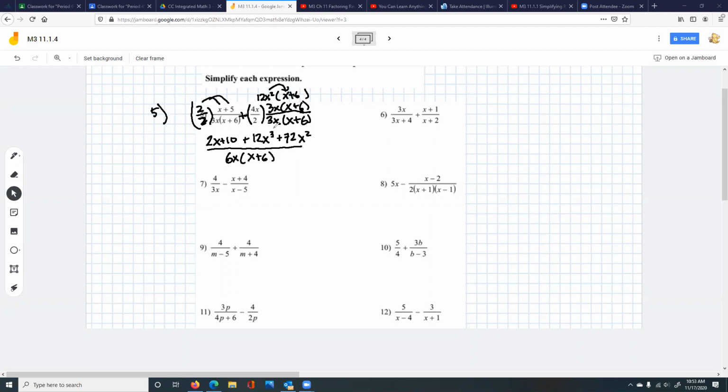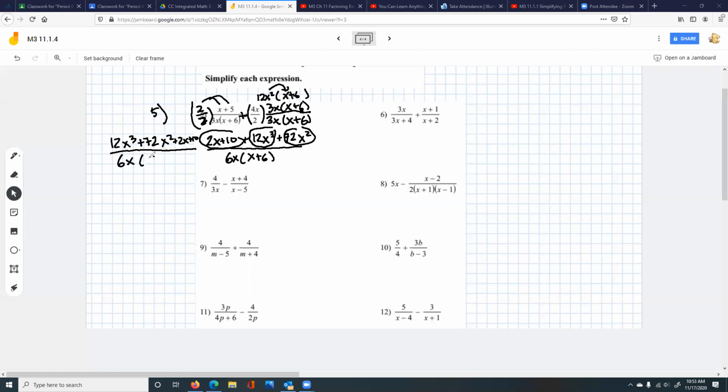Okay, combine like terms. We start with this. So 12x cubed, and then, oh, we have no like terms. We just need to put them in order, highest to lowest. That's the highest. This is the next highest power, plus 72x squared, then plus 2x plus 10. Okay, and we don't know how to factor that yet. Actually, we could factor that. Oh, so the bottom one, we don't want to multiply out.